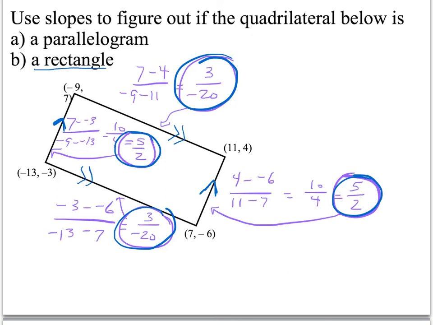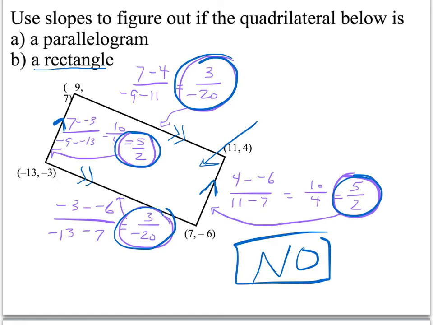Question B. Again, it's also a very simple explanation. Is it a rectangle? The answer is no. Why? Because in order for a parallelogram to be a rectangle, it has to have right angles. And this angle, along with the other three in this quadrilateral, aka four-sided figure, are not right angles.